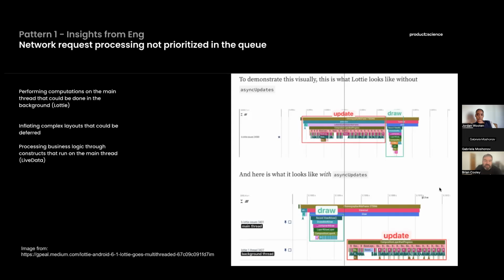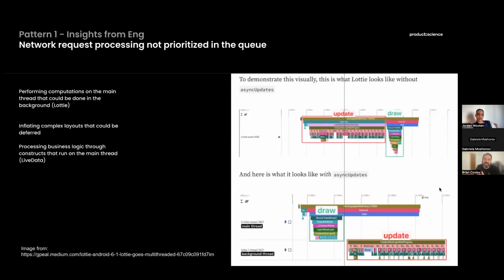And then finally, we see this delay sometimes with live data where the business logic goes through a live data. Well, live data runs on the main thread, so you're introducing that bottleneck to your logic. So basically, by the time you hit something like a live data that has to process on the main thread, you want to be done with all of the processing you can do off of the main thread before you get up there and try to contend for the limited resources.